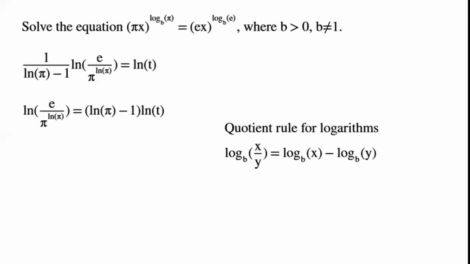Quotient rule for logarithms: log_b (x over y) equals log_b x minus log_b y.